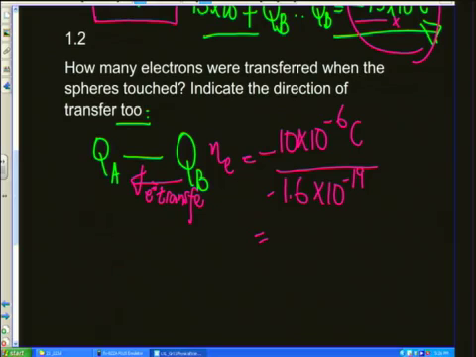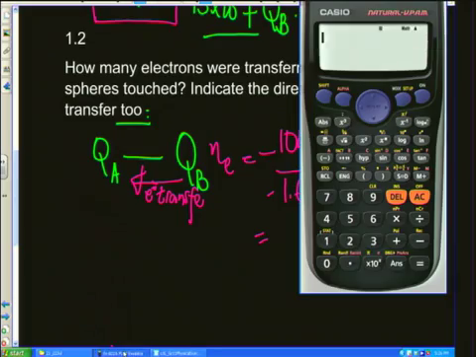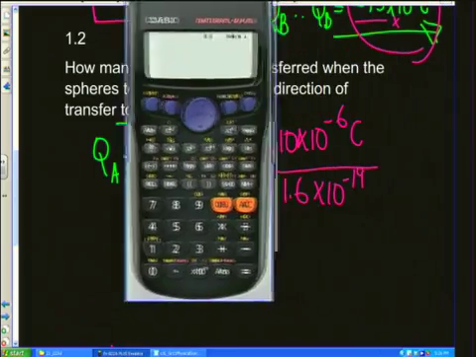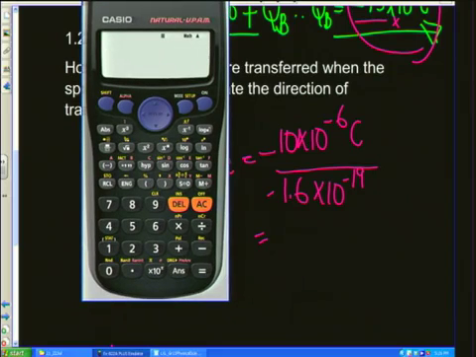Now, number of electrons, how do we get that? For that situation, you definitely need your calculator. So the number of electrons that have been transferred will be minus 10, but because it's minus and minus, just allow me to say 10 by 10 to the power minus 6 divided by 1.6 by 10 to the power minus 19.